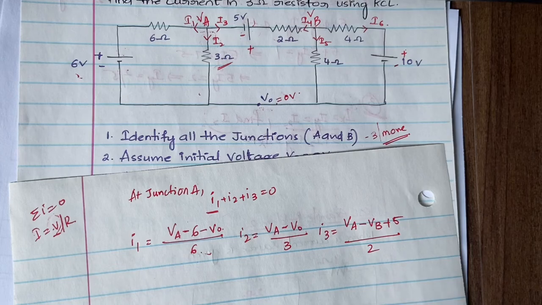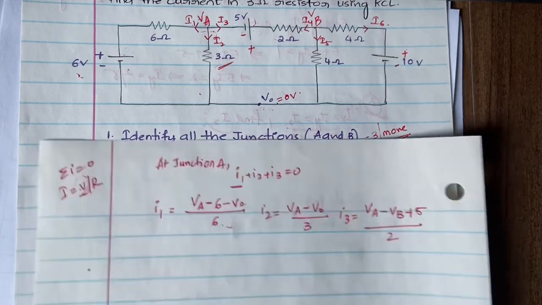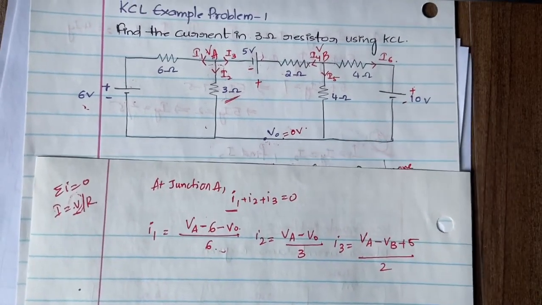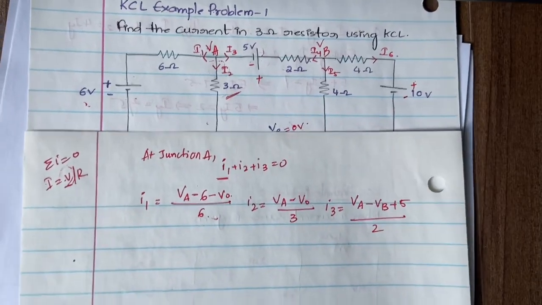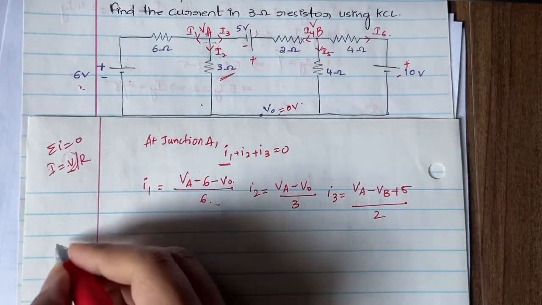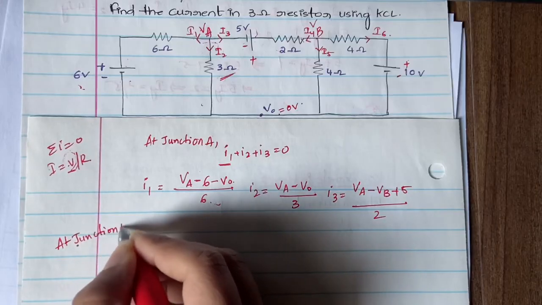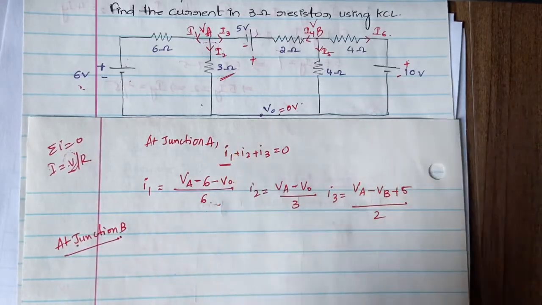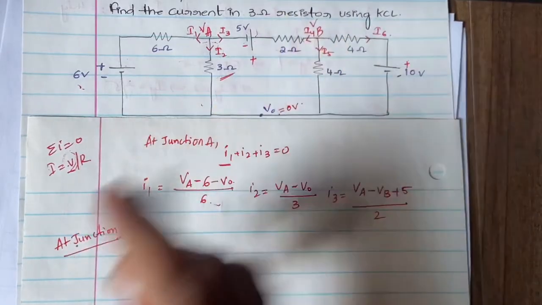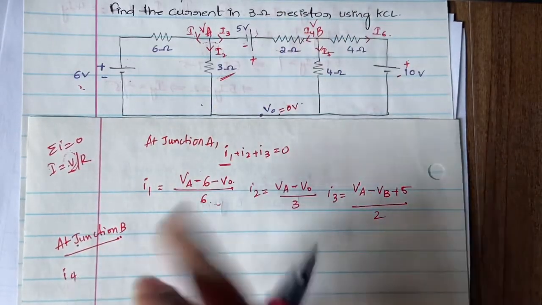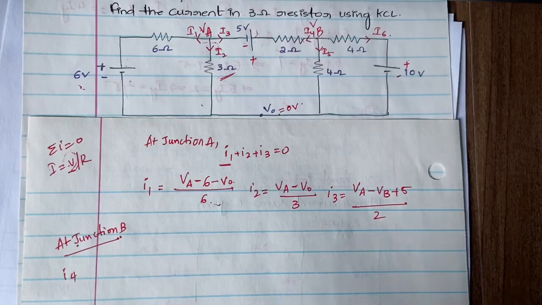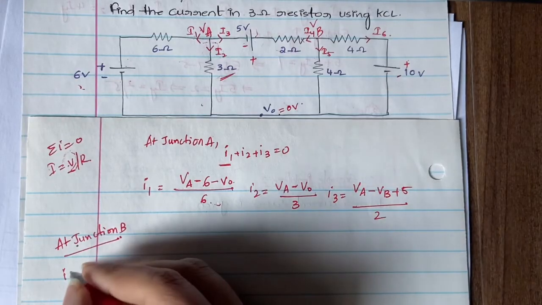In the same way, form an equation for currents at junction B also. So let us do it here at junction B. At junction B, what currents are there? I4, I5, I6. And again, every current is going outwards, that is, every current is going in the same direction only, right?